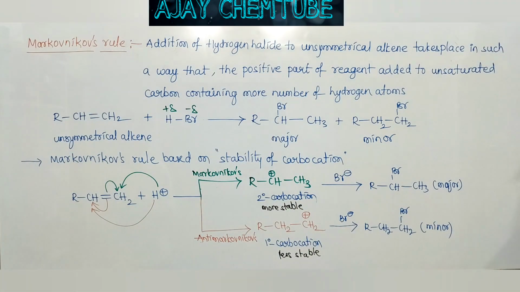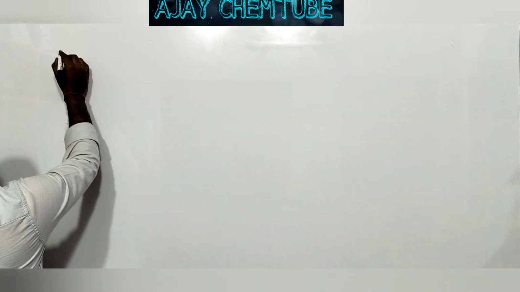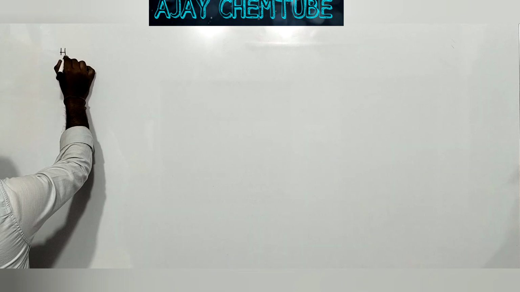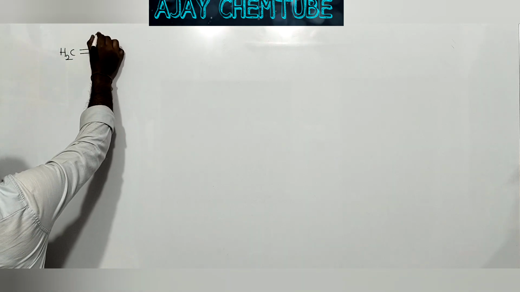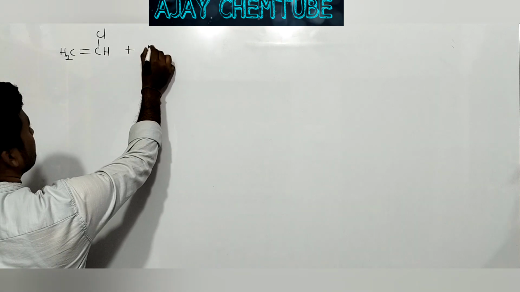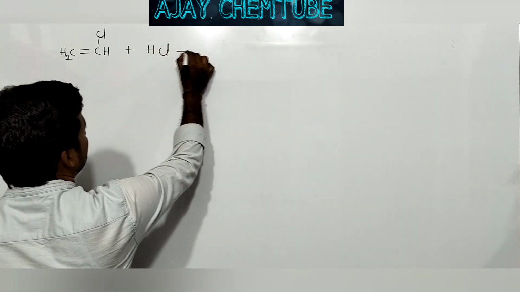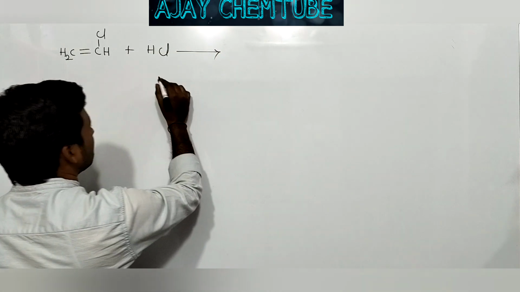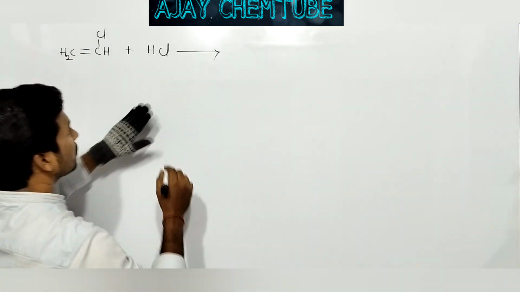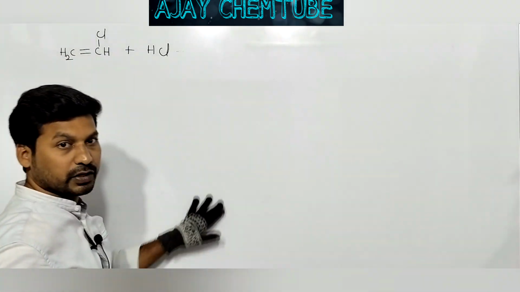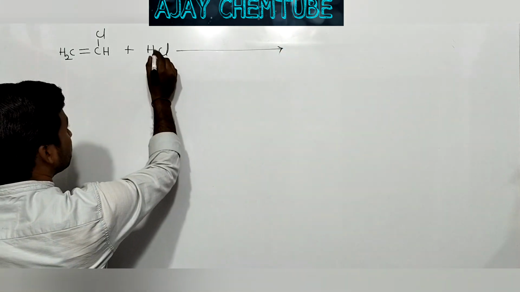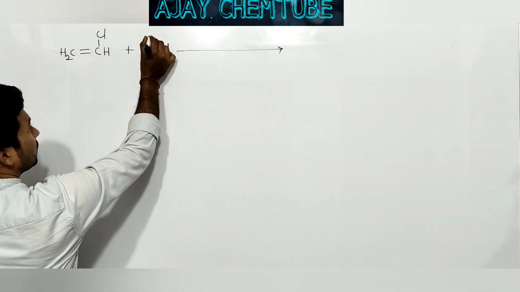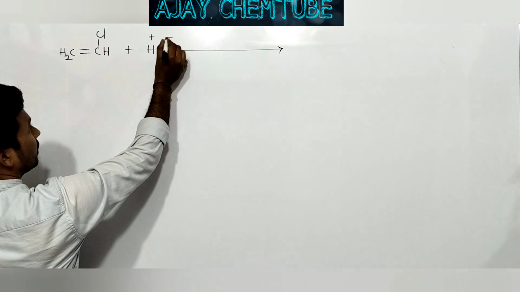Take this one. Vinyl chloride, CH2 double bond CHCl, when treated with HCl, it gives a product. This reaction takes place according to Markovnikov's rule. Markovnikov's rule means the positive part, this one, and the negative part, this one.